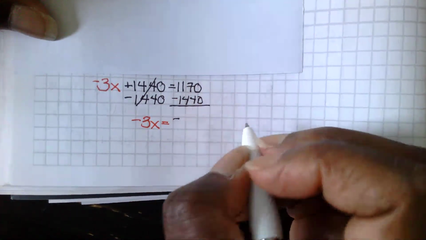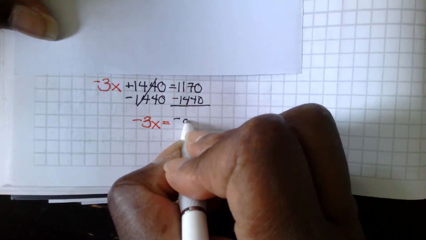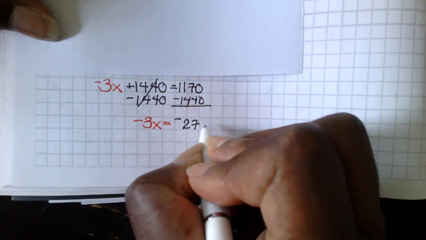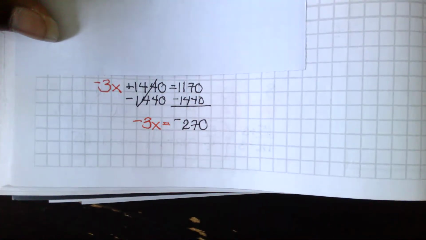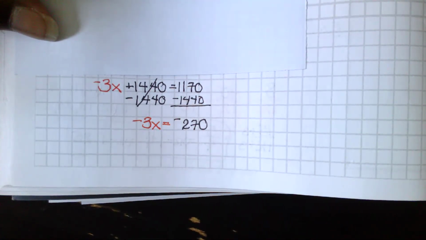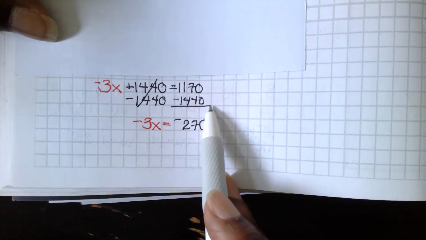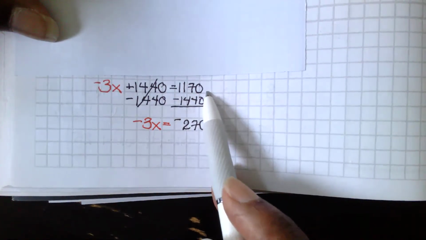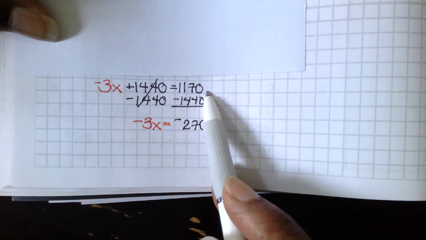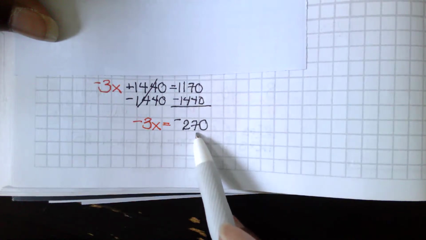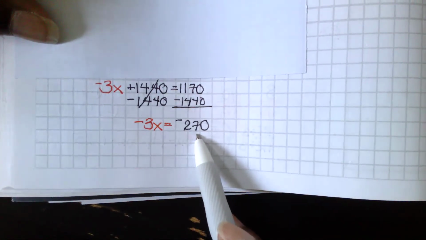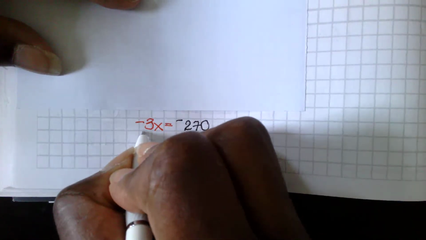And we actually got negative 270. Okay. All right. So if someone owed you $1,440, which is a lot for a person to owe, and they only paid you 1,170, you're short. And how much are you short? You're short 270.